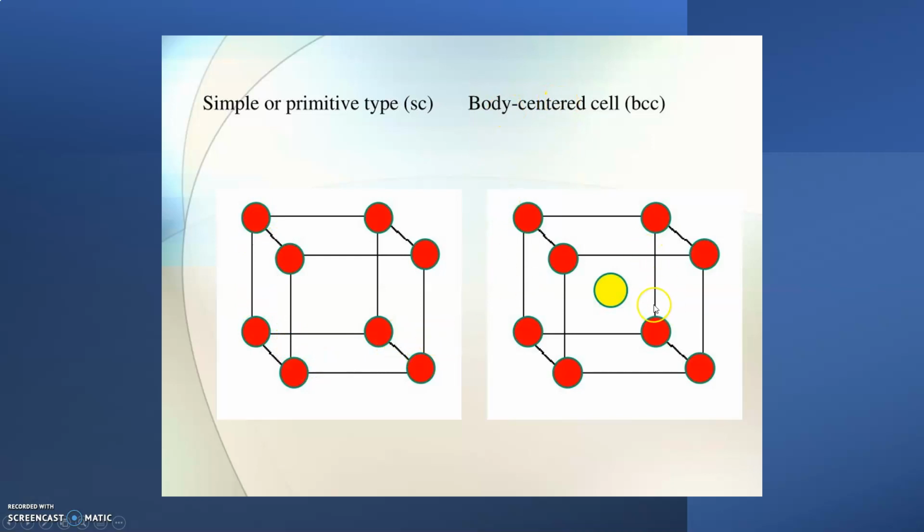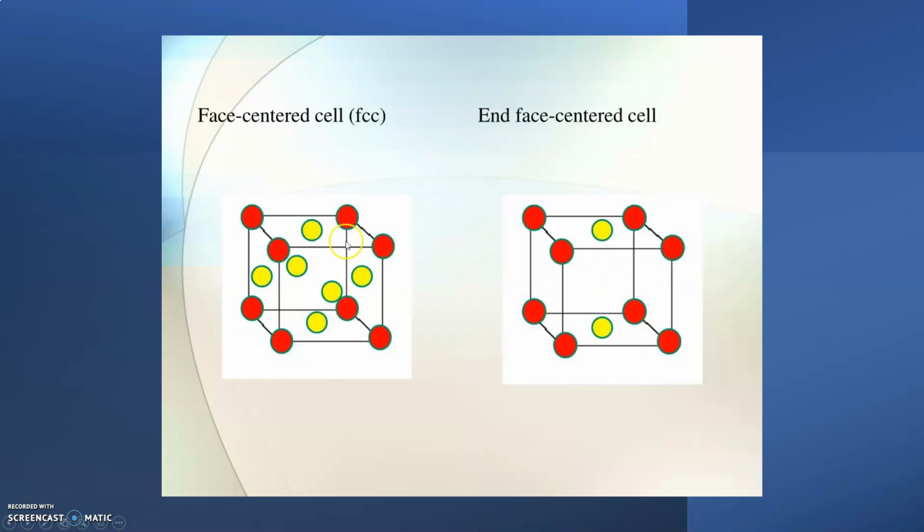The body centered has an atom in the center. You have the face centered where you have an atom in every face, and the end face centered has atoms only in the upper and lower faces of the cell.